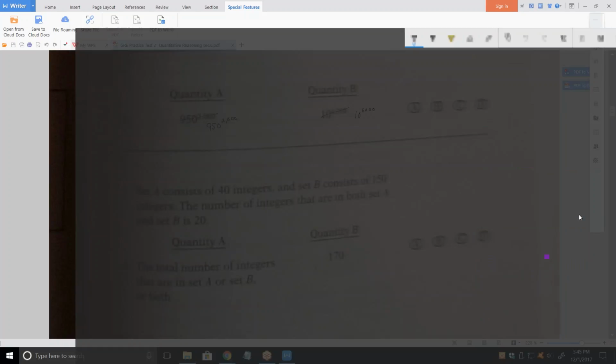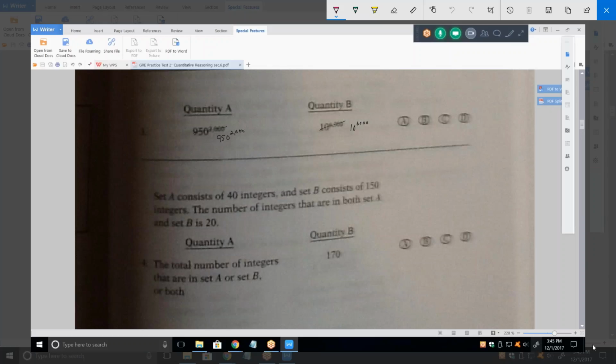Okay. So which number is bigger? 950 to the 2,000th power or 10 to the 6,000th power?